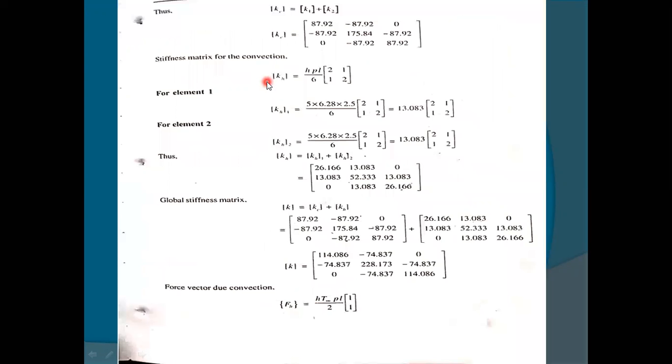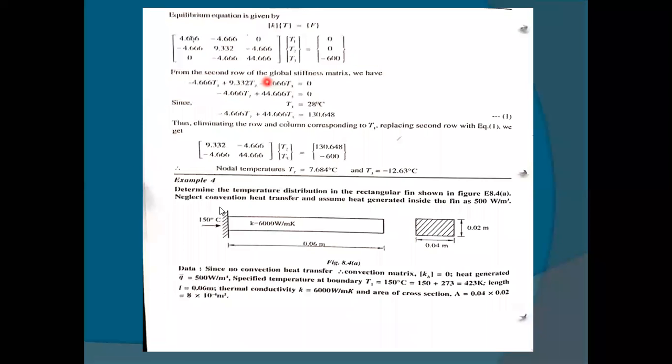But in this problem, they told us to neglect convection heat transfer. That is, the fin is not subjected to surrounding temperature, so therefore we are neglecting the convection. And another thing they have given: assume heat generated inside the fin is 500 watt per meter cube. So inside the fin, some heat is generated, that is 500 watt per meter cube.